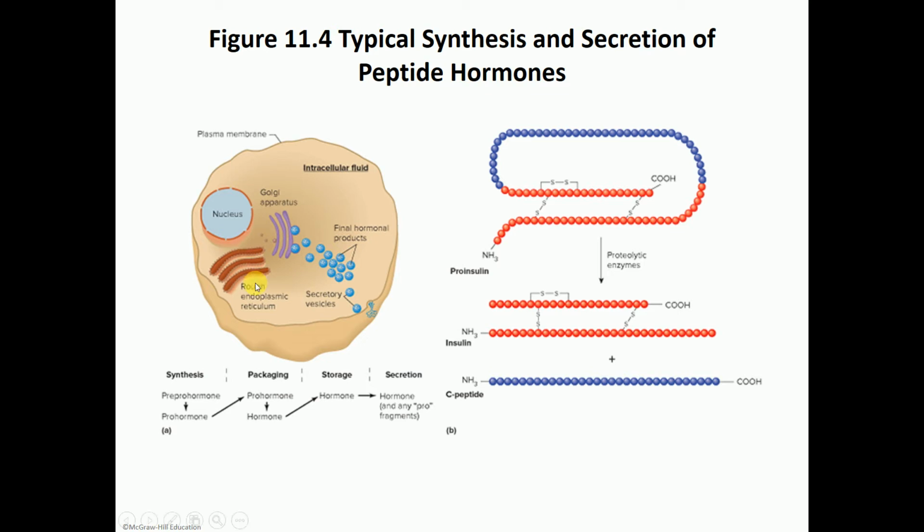First of all, we are going to synthesize a prohormone. This prohormone is inactive, and in the packaging system that happens in the Golgi apparatus, that prohormone is going to be split into a hormone plus the pro portion. So we will store and secrete the hormone as a hormone plus that pro fragment that came with it.